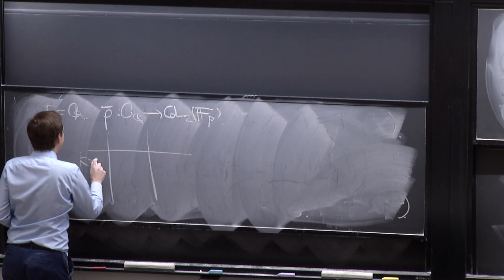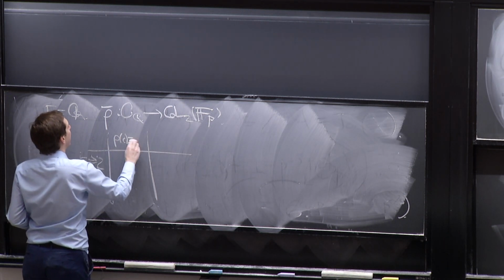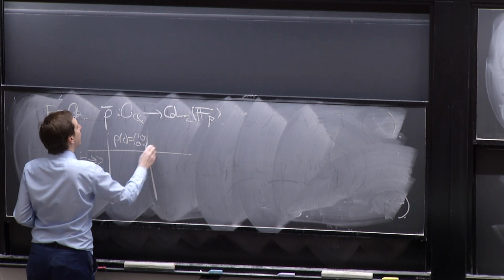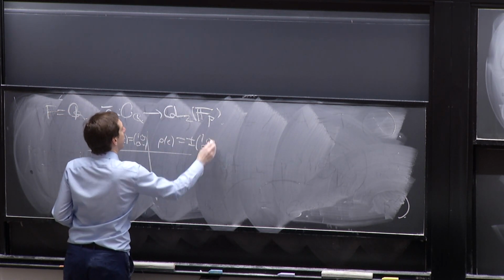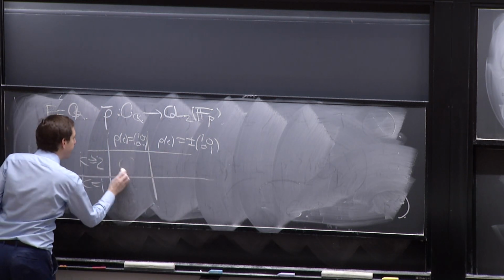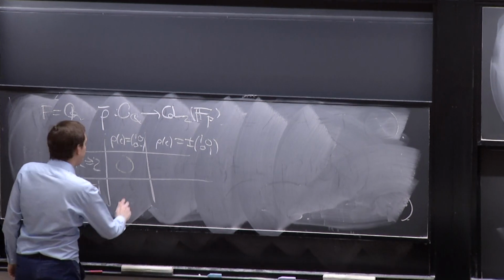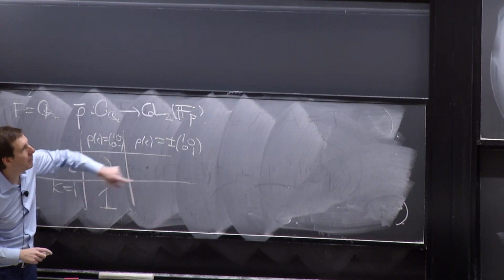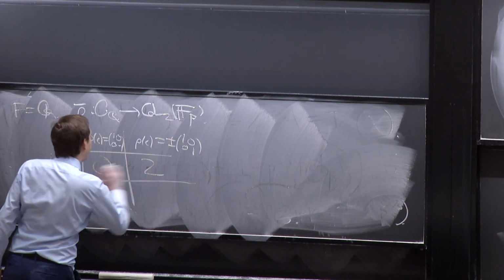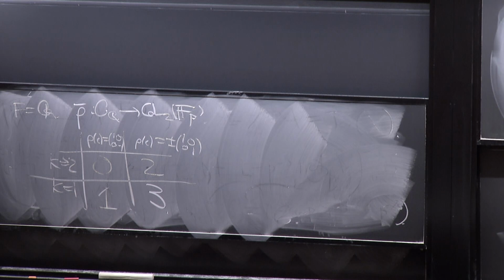There's k bigger or equal to 2, k is 1, and there's complex conjugation odd and complex conjugation a scalar. So here is 0. Here we get a 1 factor coming from the fact that the weight's not regular. Here we get a factor coming from the complex conjugation, which is 2. And here we get a factor, which is 3.